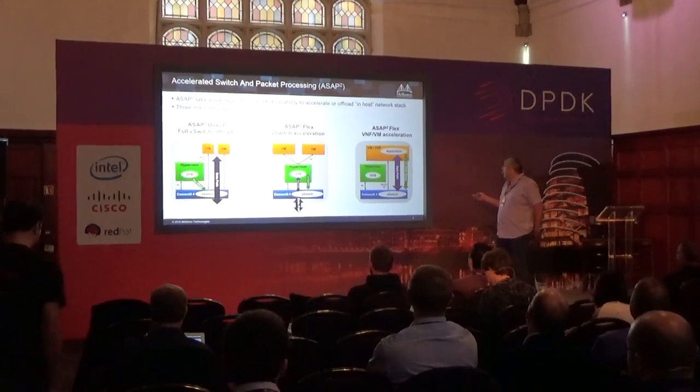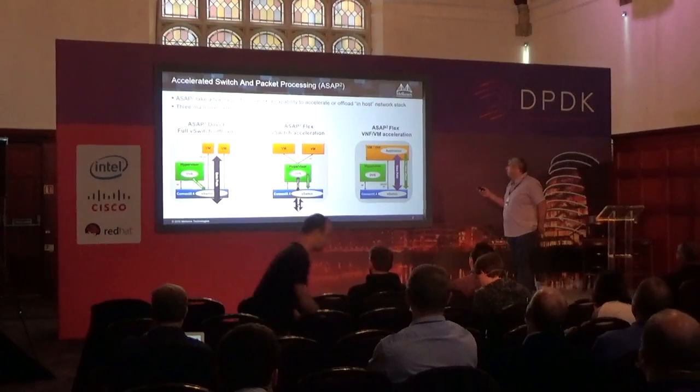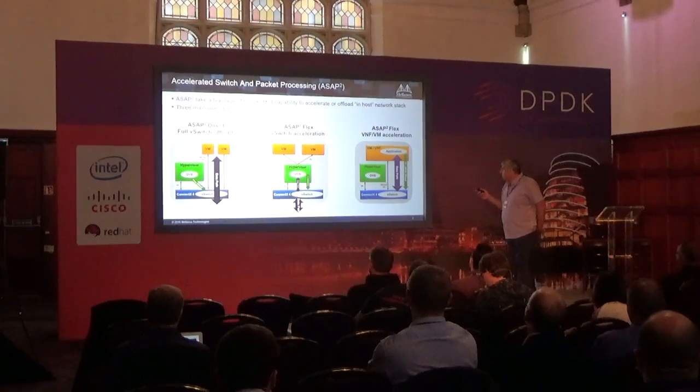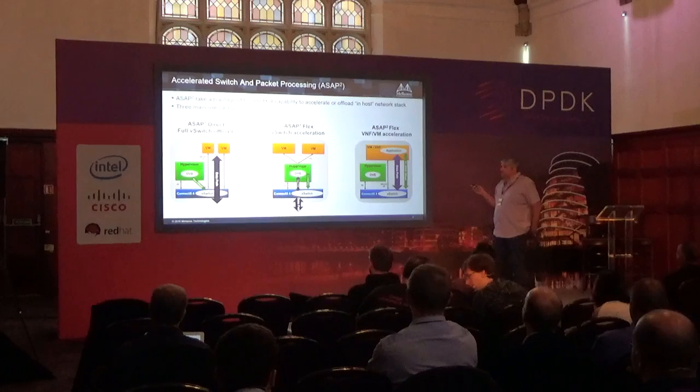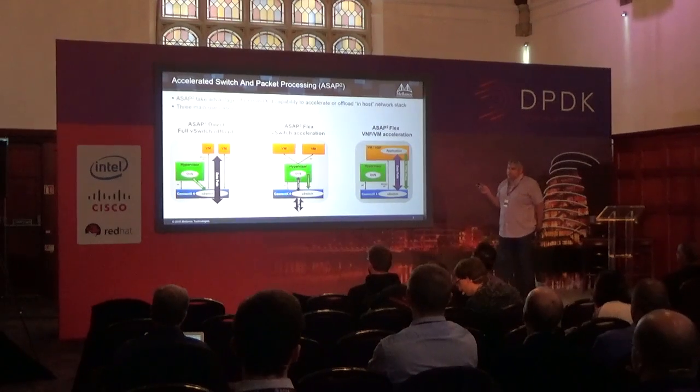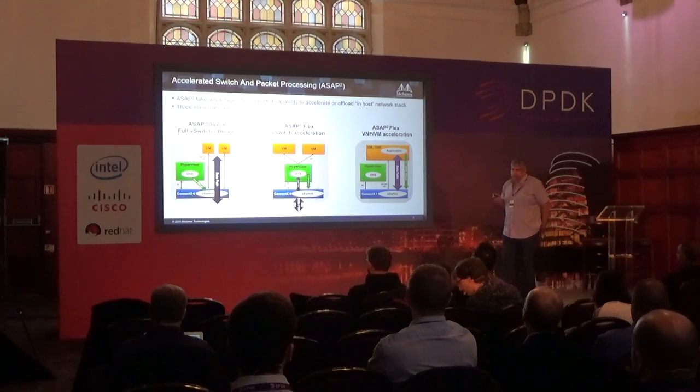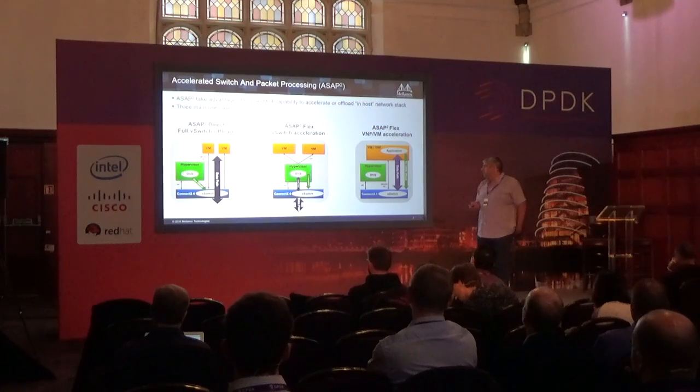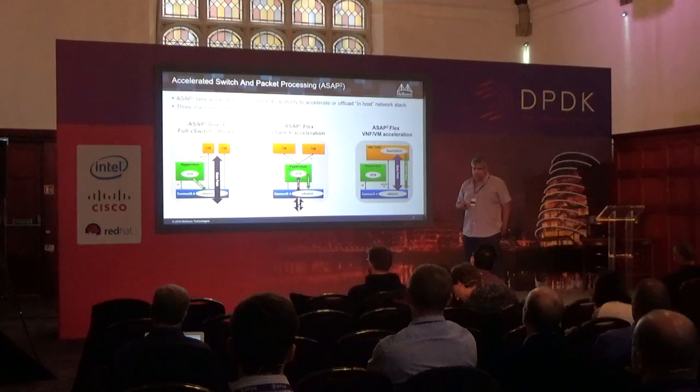And another approach is when you have a VF, where you want switch acceleration when working as a virtual function in an SRIOV environment. So of course we are going to focus on the flex.